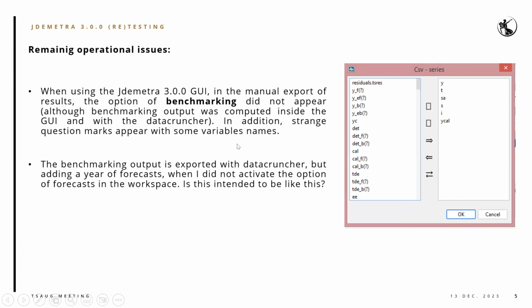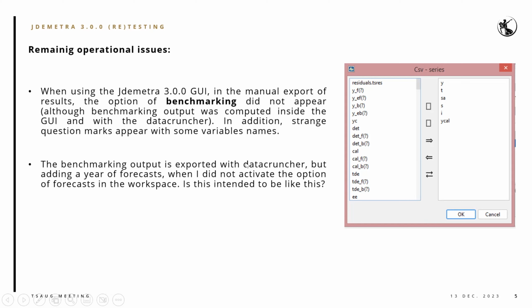I saw no major difference between using a 2.24 workspace and a 3.0 workspace in operational terms, so the options presented, etc. The only thing I'm still missing is the manual export of the benchmarking outputs, which is produced in the GUI but not exported.